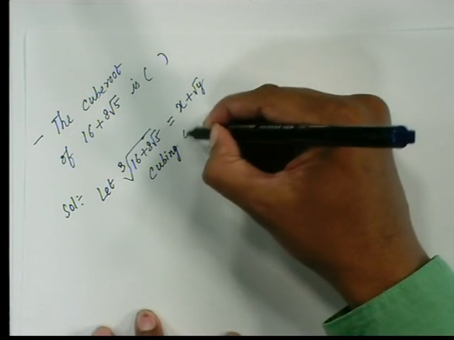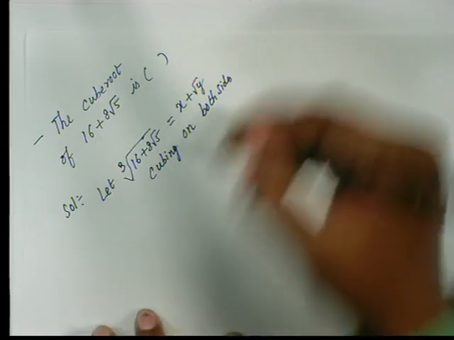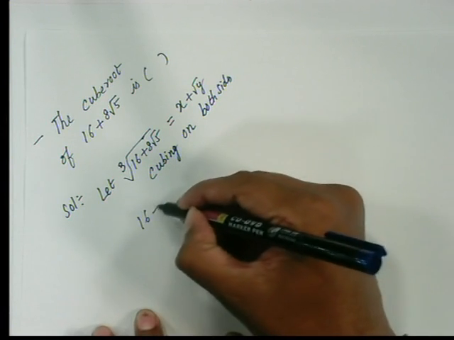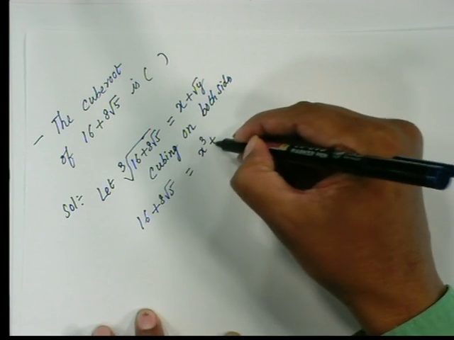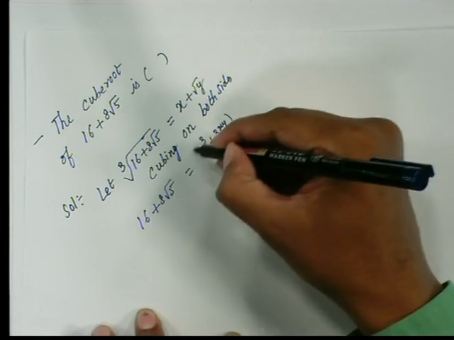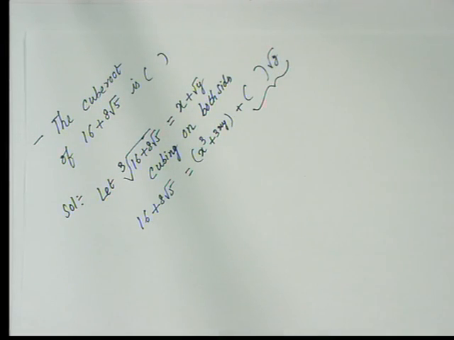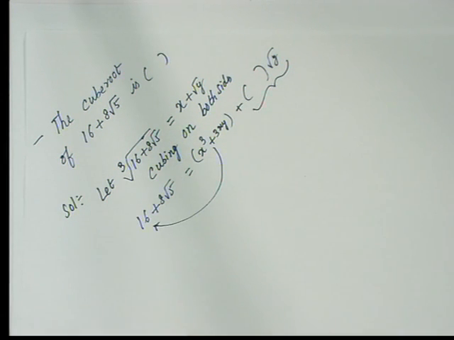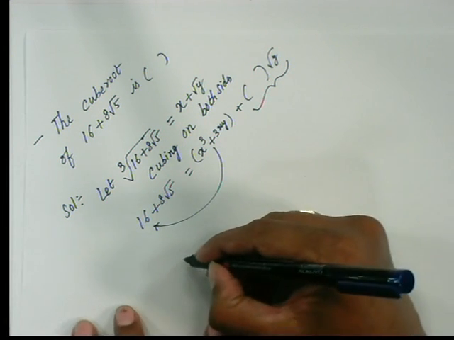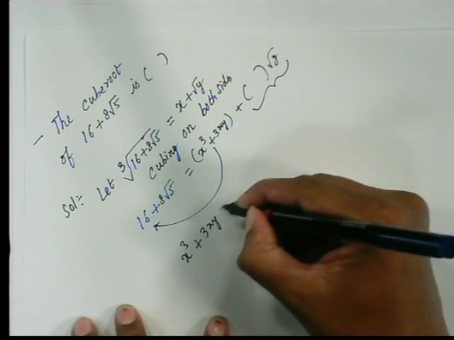This becomes 16 plus 8 root 5 is equal to x cube plus 3xy plus this part, you leave it, no problem. This is not required. Now, this is equated to 16. Okay.